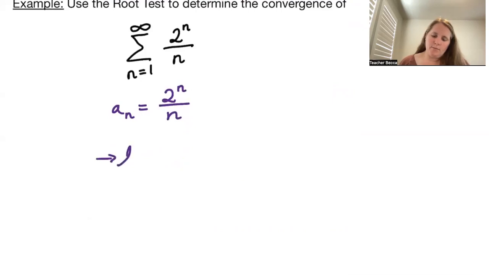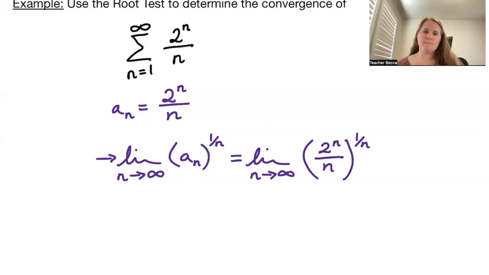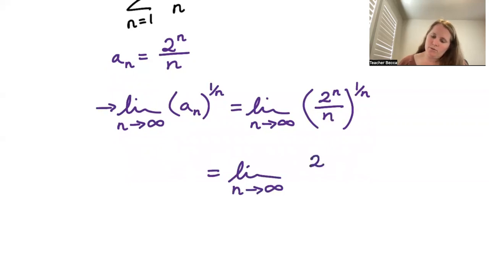So we have that the limit as n goes to infinity of a sub n raised to the 1 over n is the limit as n goes to infinity of (2 to the n over n), all raised to the 1 over n. This is simply the limit as n goes to infinity of 2 over n to the 1 over n.